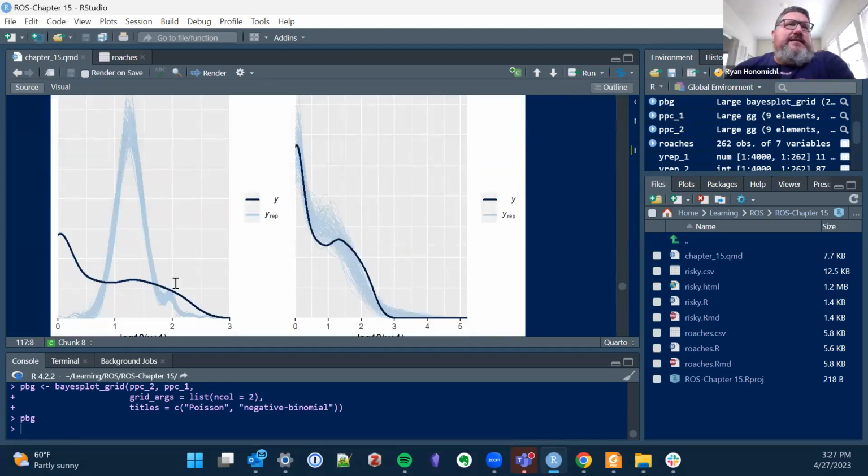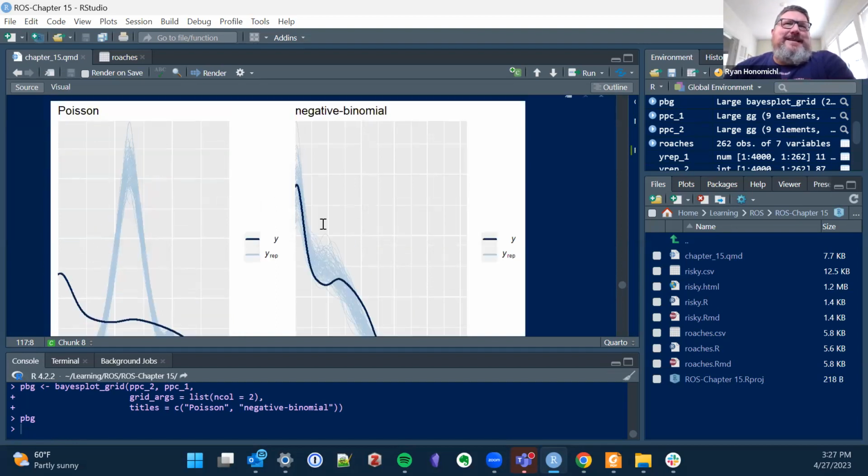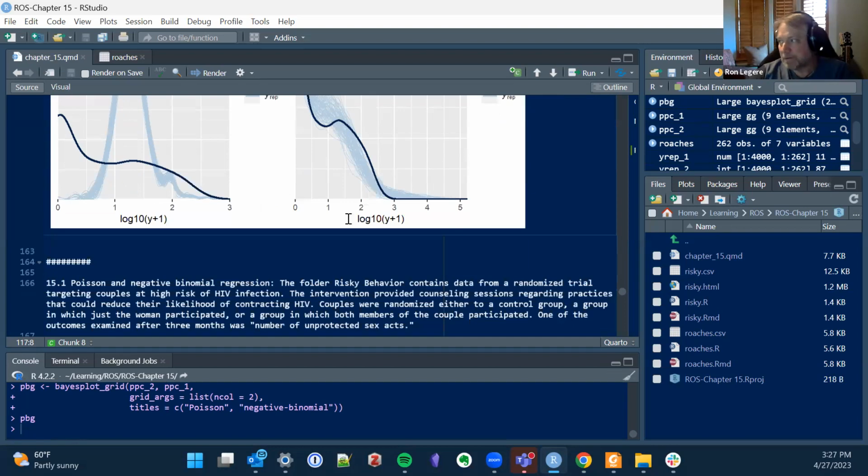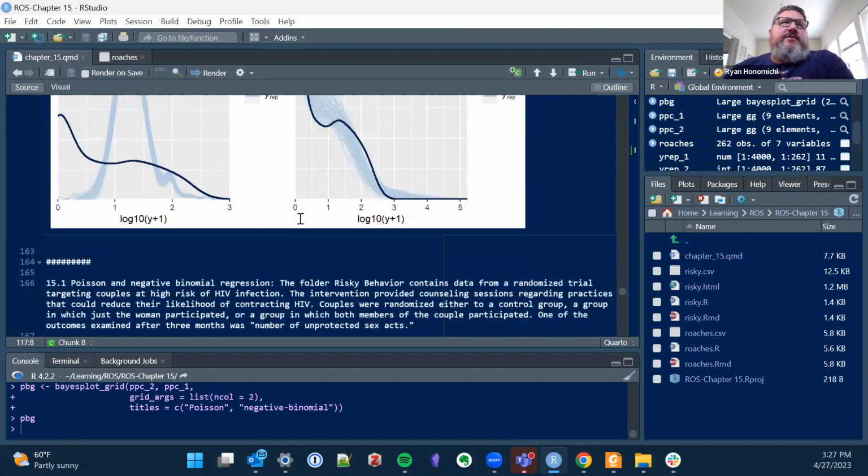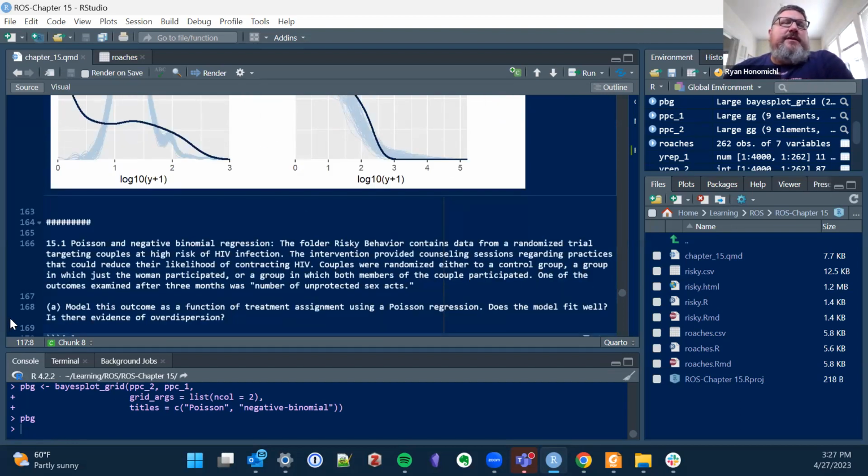Obviously this is from the book too. So this is not wonderful, we probably aren't going to use this, but this is a lot closer. I've never done this before, but I would do that, because I've done stuff to try to figure out whether I should use negative binomial or Poisson.